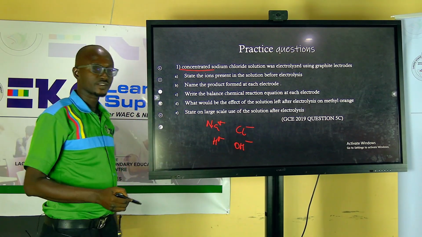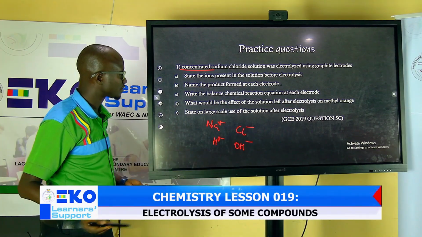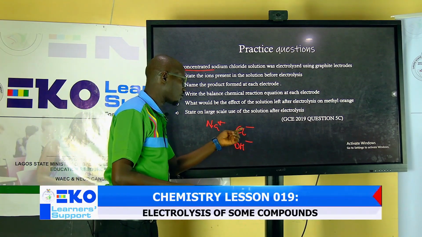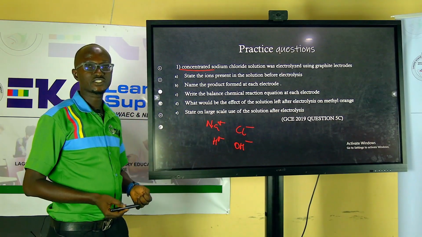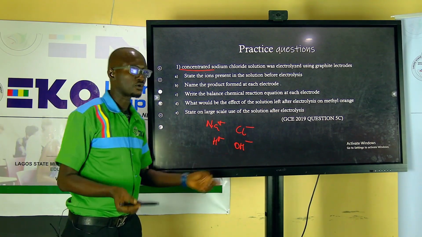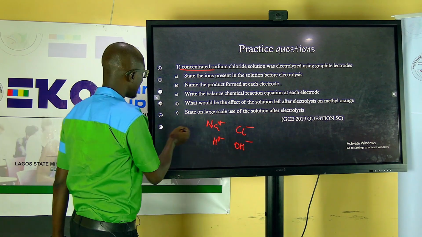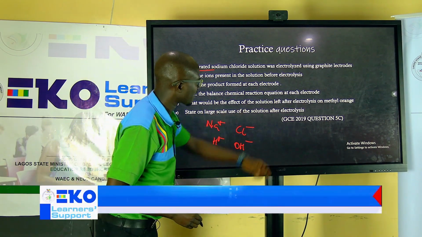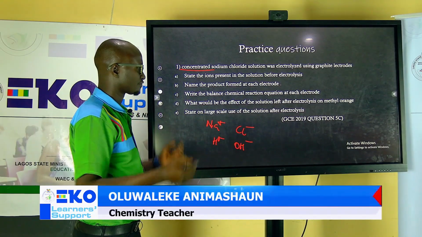Hydrogen ion is still discharged. So hydrogen is formed at the cathode and chlorine is discharged at the anode. So that's very correct.